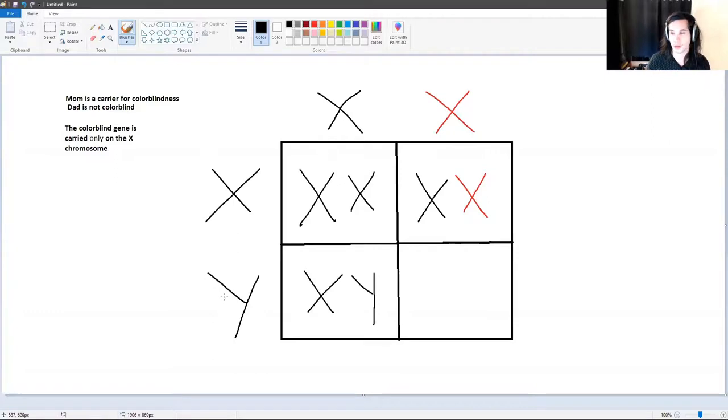But remember, your Y chromosome doesn't actually provide any kind of buffer. So it's not like you could be half colorblind. You are simply lacking the gene. So the only gene that could be expressed is whatever is carried on the X chromosome. So in this case, your Y doesn't help you at all. You're not homozygous or heterozygous for the gene.